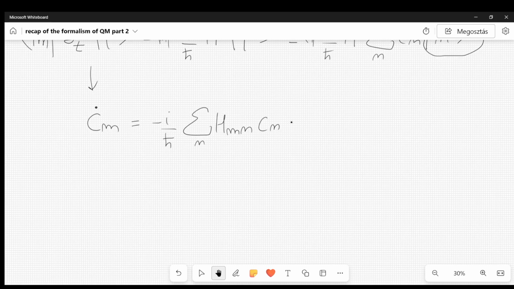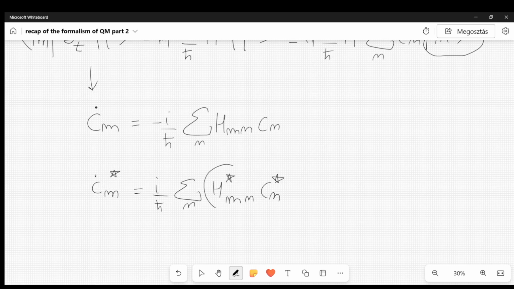And if we take the complex conjugate of such expressions, you have something like this: i over h bar, so this minus becomes a plus, summation over n, H star mn c sub n star, like this.